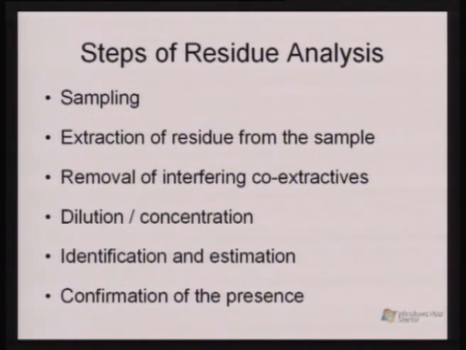Extract the sample vigorously, then separate the layer of ether, then repeat the extraction procedure again with ether, and combine the ether parts. Dry the ether under vacuum or nitrogen condition using a turbo vap or vacuum rotary evaporator.